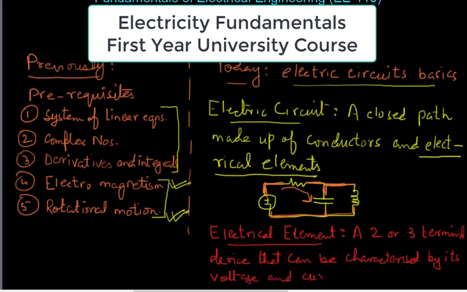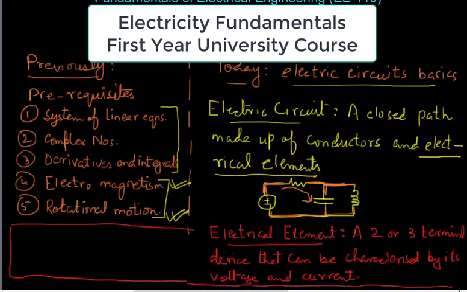What does this mean? First of all, most of the electrical elements that you are going to see are either going to have two terminals. You can think of terminals as legs. For example, a resistor has two legs, a capacitor has two legs, but there are also some other elements like a transistor.